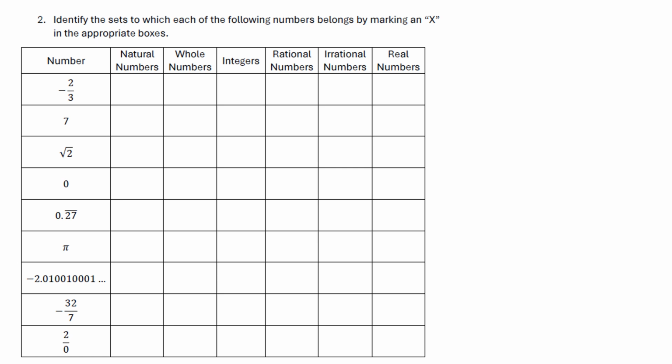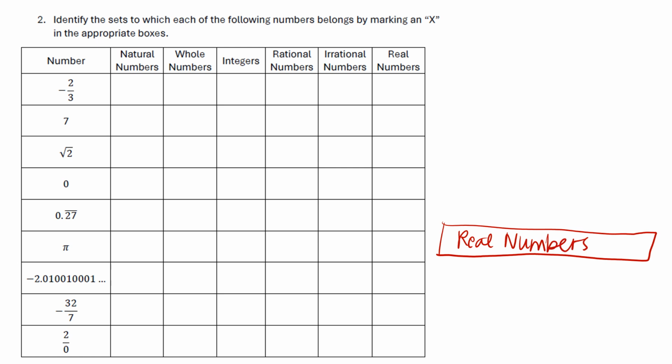Remember your little funnel chart, which says, down here at the bottom, we've got all of the real numbers. On the left, we've got this funnel of just the irrational numbers.